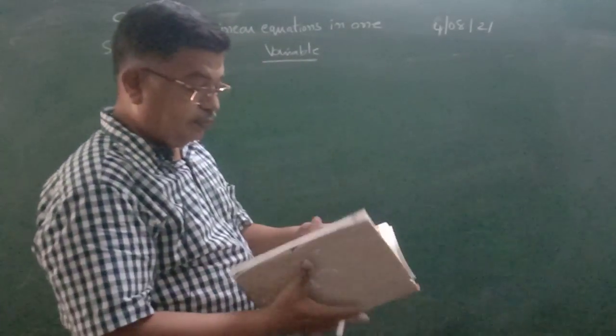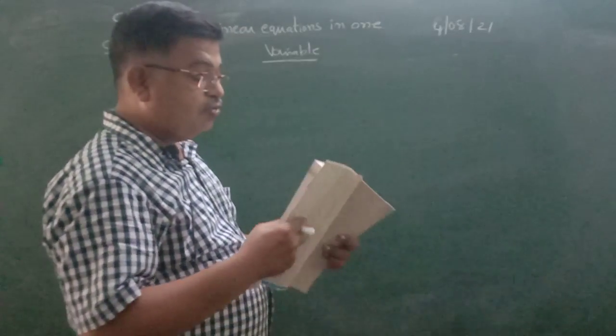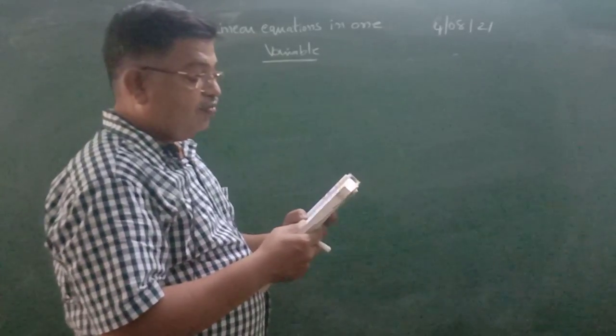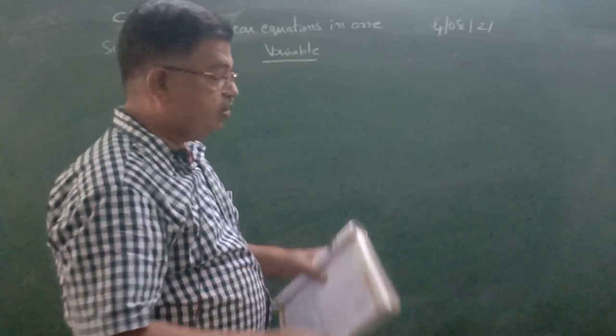Next, John sold his watch for rupees 301 at a loss of 14% on it. Find the cost price of the watch.